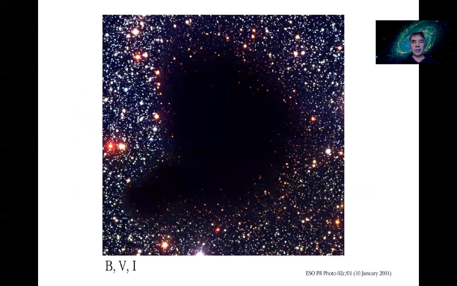Okay. So here's a nice image that illustrates that effect. What you've got here is a background of stars in the Milky Way, through the plane of the galaxy, and in front of it, between us and most of these background stars, is a cloud of interstellar material. So there would be interstellar gas in here.